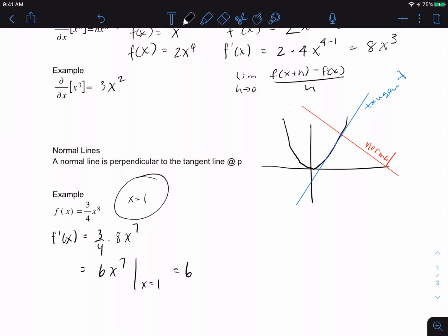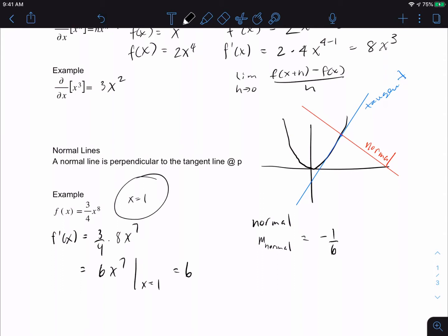But in order to find a specific normal, we need a point on the curve. So this would be the tangent. Then to find the normal, we know the normal slope would be negative 1/6, right?